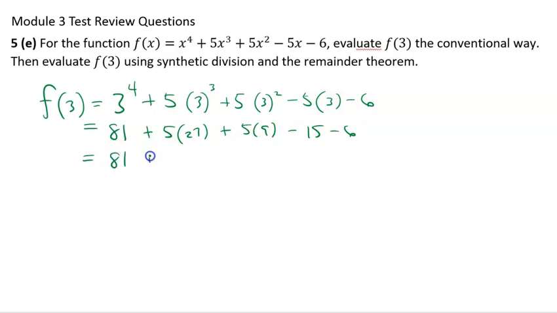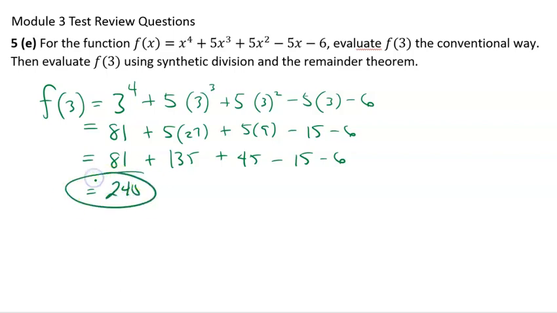It'll be 81 plus 5 times 27 is 135, plus 5 times 9 is 45, minus 15 minus 6. I keep going left to right, so 81 plus 135 plus 45 minus 15 minus 6, and I get 240.